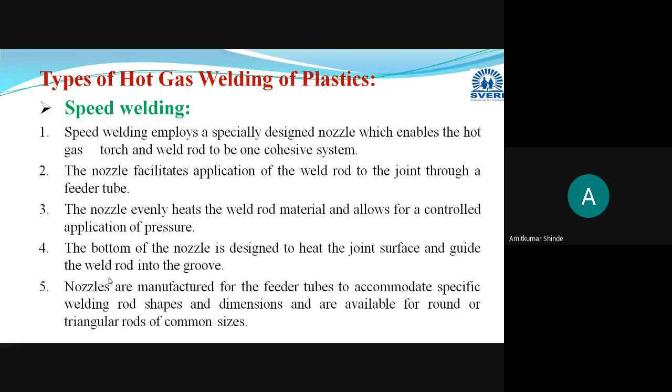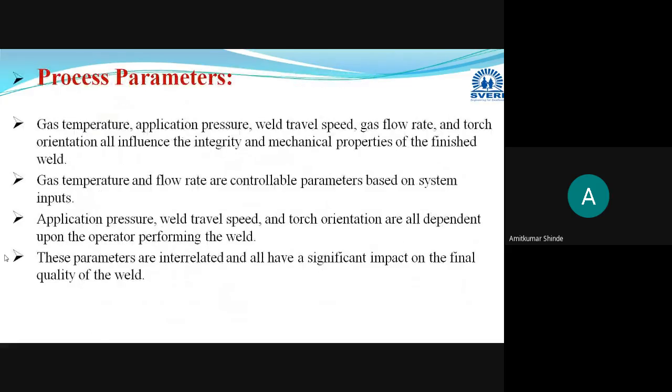In that feeder tube the weld rod is attached, and pressure is given from the nozzle. So this is the difference between hand welding and speed welding. These are two types of hot gas welding.